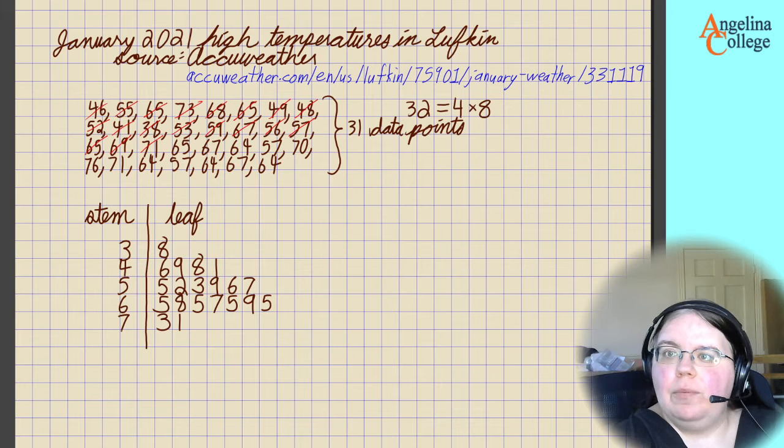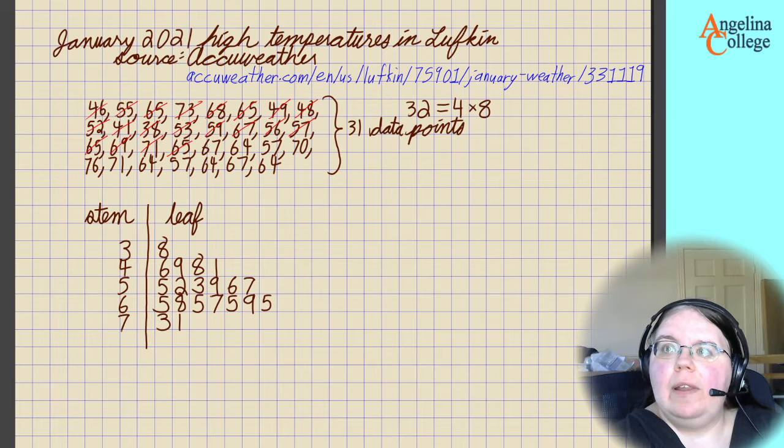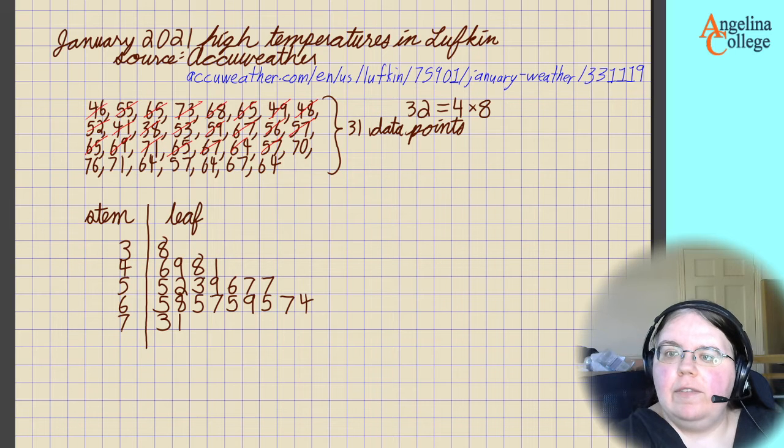65. Again, it's a repeat, but that's okay since it really is representing more than one day in the data set. Okay, and then 67, 64, 57, 70, so that's a 7 in the tens place for the stem, and a 0 in the ones place.